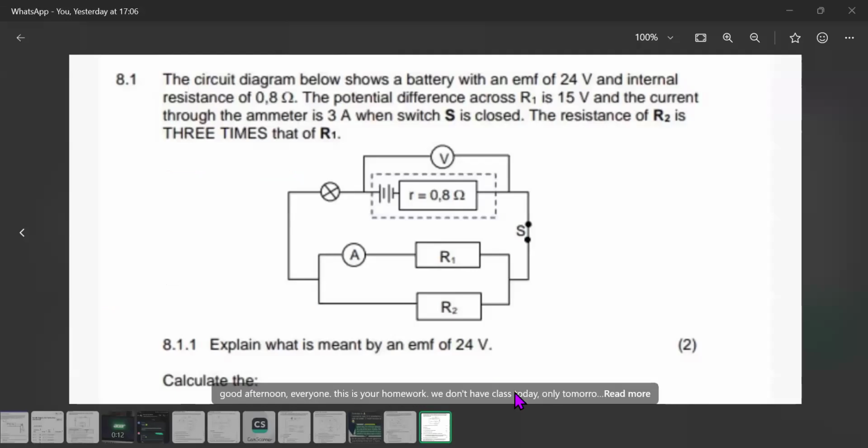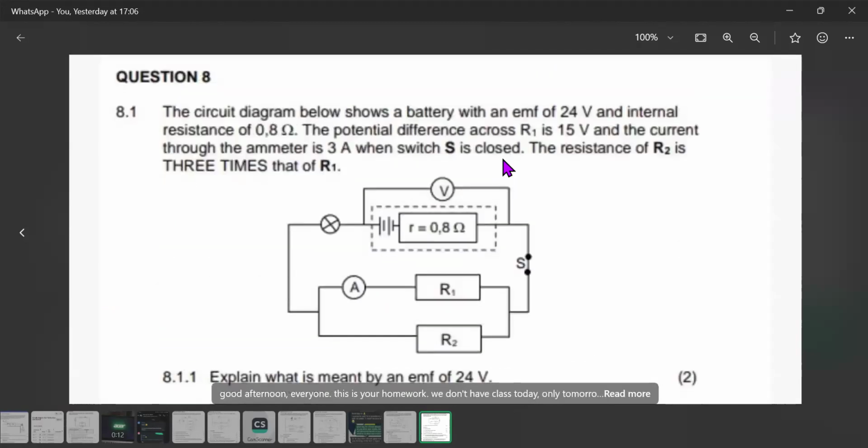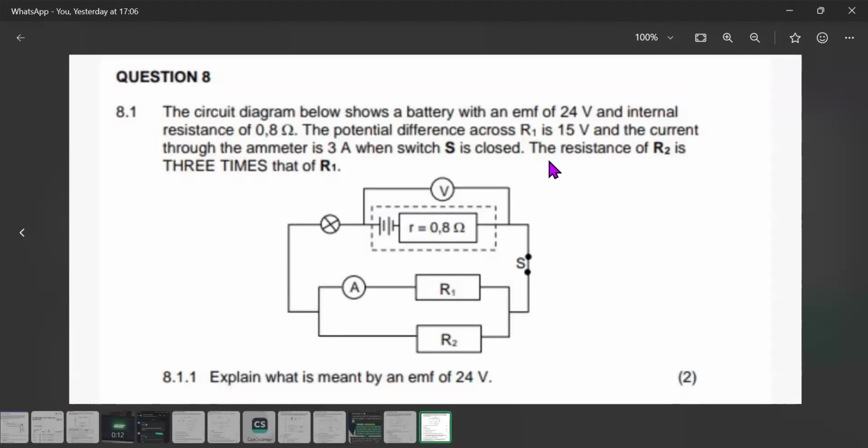So if we go on to the next one, they say to us, calculate the current that is passing through the bulb. If we look at the situation once again, we know that a bulb is a form of a resistor, right?